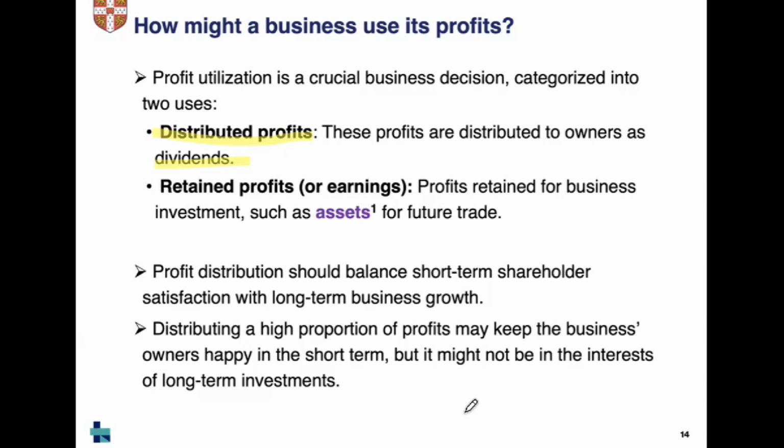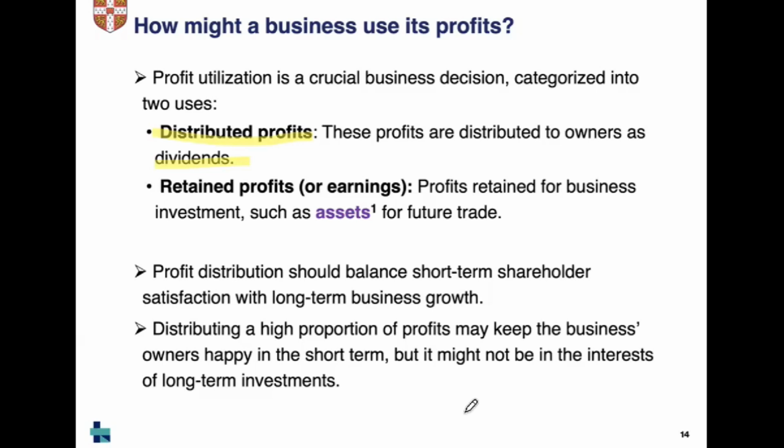What does that mean? If you are a business that has an objective of growing the business so that it becomes, say, a market leader, or growing the position of the business in the market, that means that you need to invest in the business. When we talked about sources of finance in the AS level, we said, why does a business need finance? A business needs finance so that it can grow.